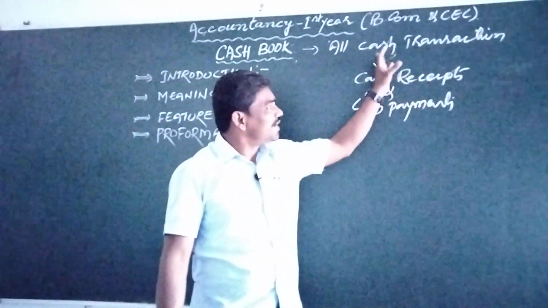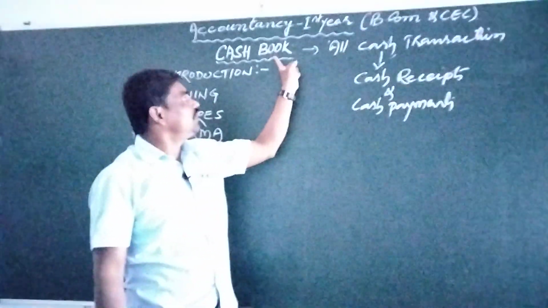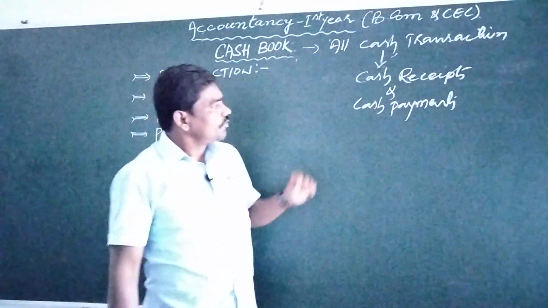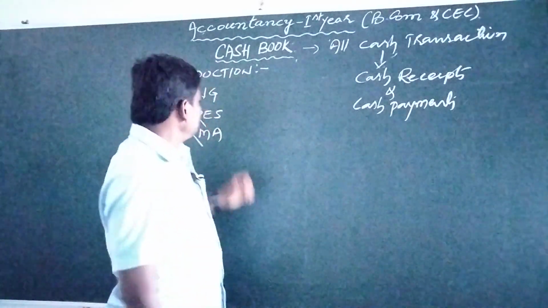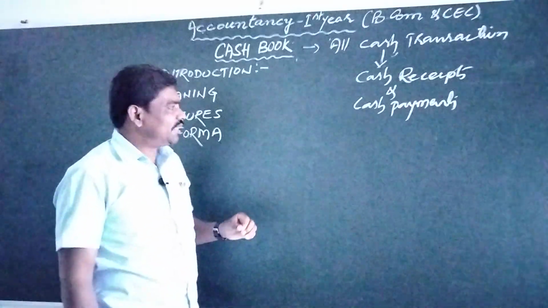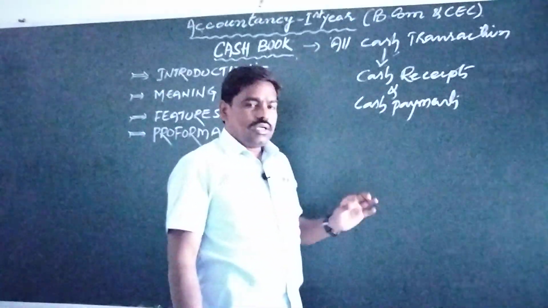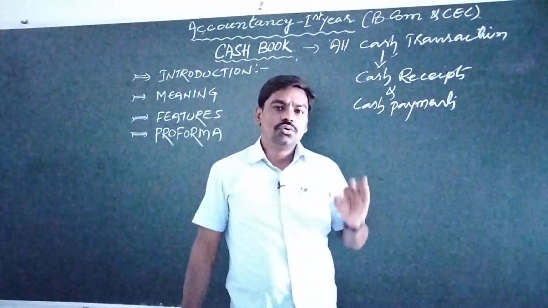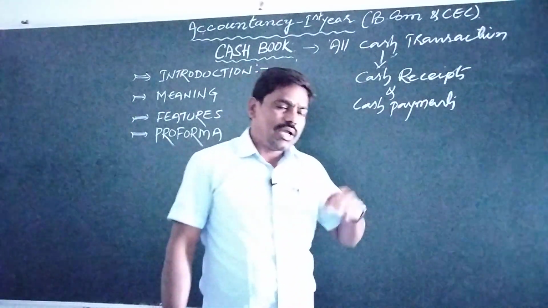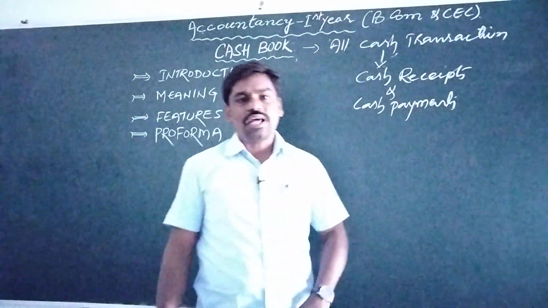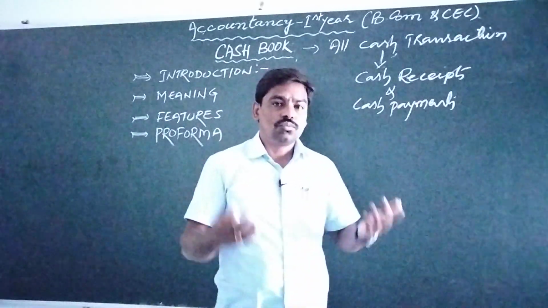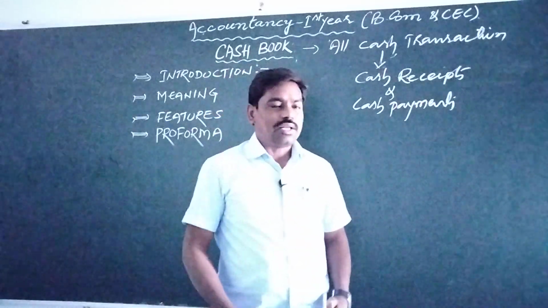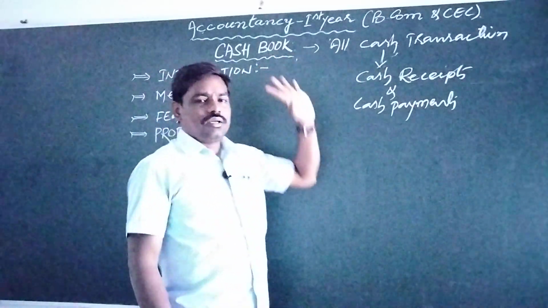So these cash transactions are recorded in the cash book. Okay, student, one more point you can understand is that by preparing cash book, we can come to know the cash in hand at any given point of time. So we can know the cash balance we have in the business organization by preparing cash book.